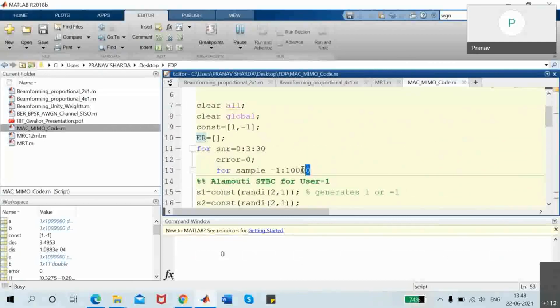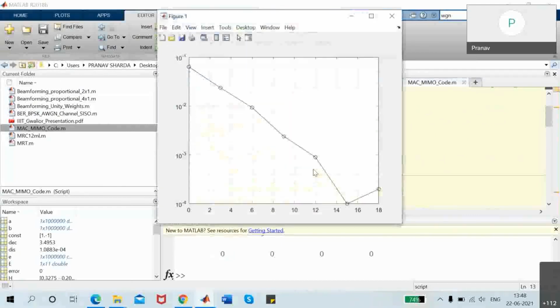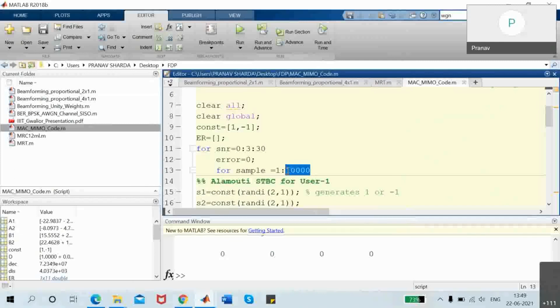You can see that towards the end, in this range of SNR 16 to 18, there is a kind of uneven behavior. This is only because of the number of samples we have taken. This is 10 raised to power 4.